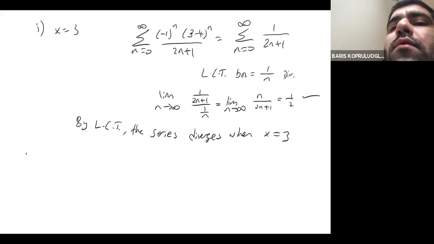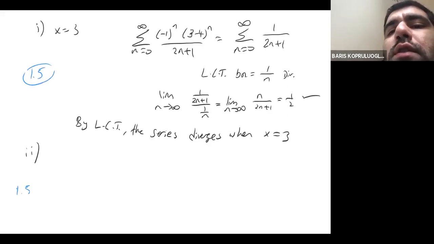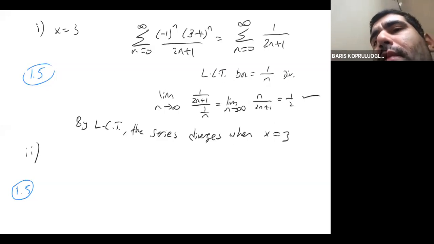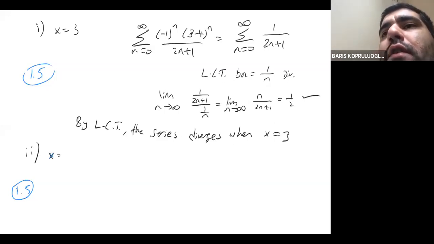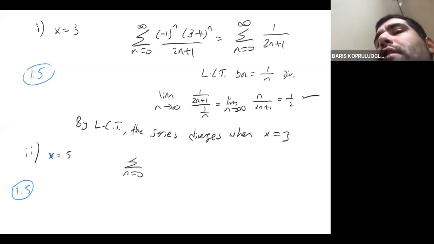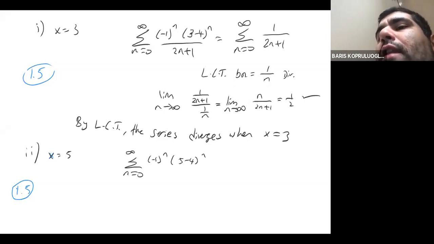And then this whole part was 1.5 points. So is the second endpoint, x equals 5. If you plug 5 for x, I think you will have (-1)^n times (5-4)^n.